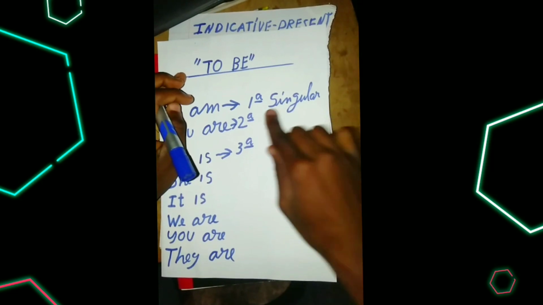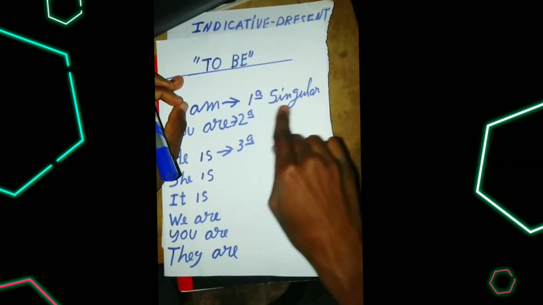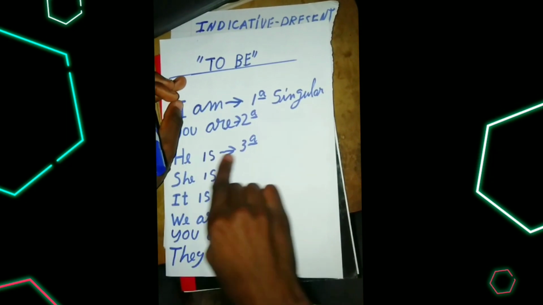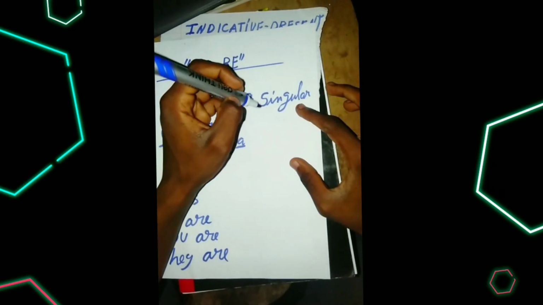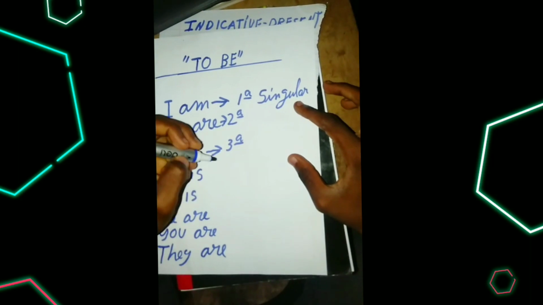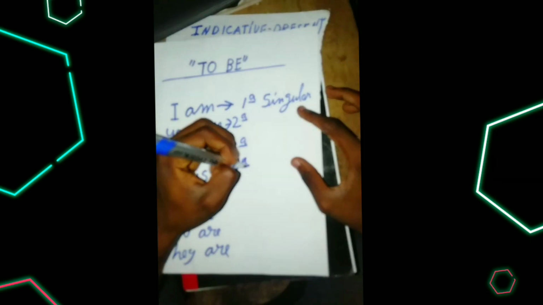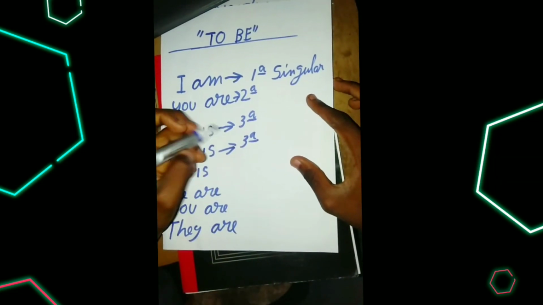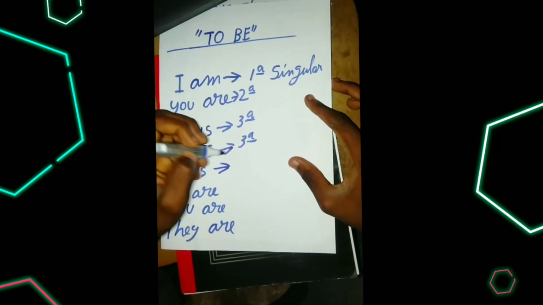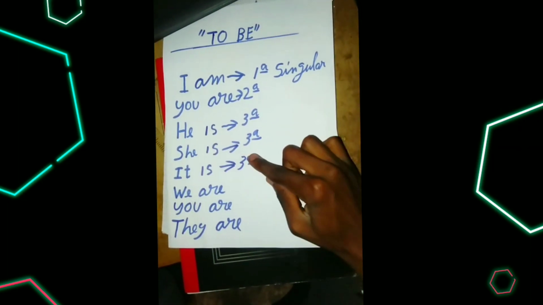I am is in the first person singular. You are is in the second person singular. He is in the third person singular. She is third person singular. It is third person singular.